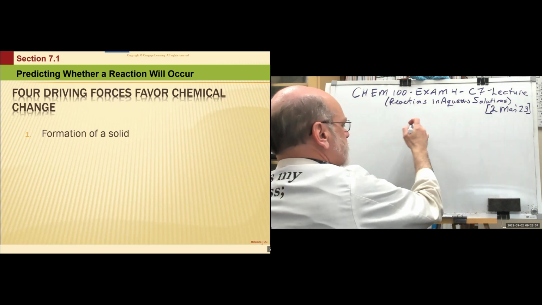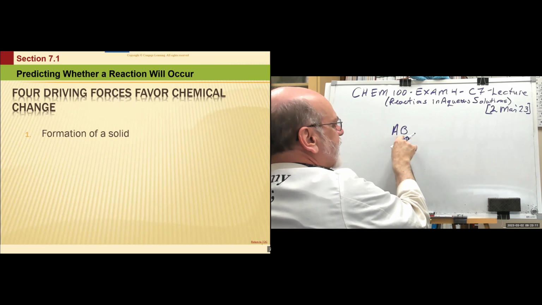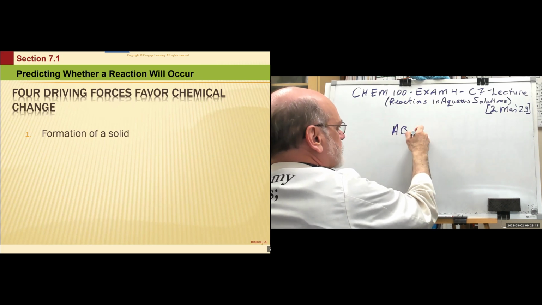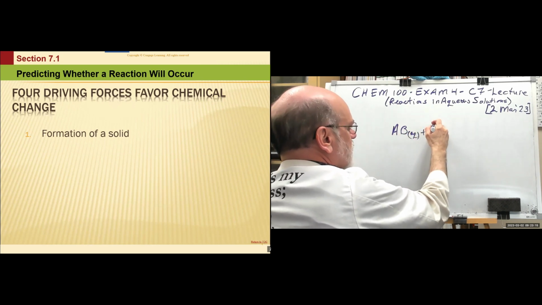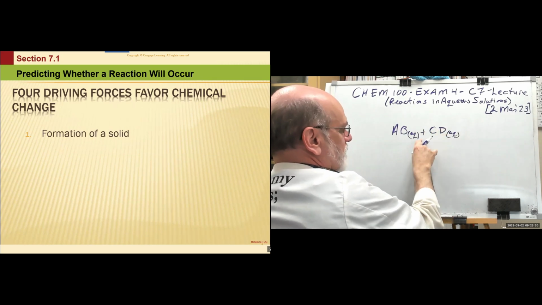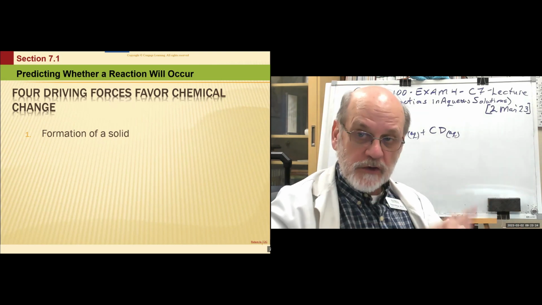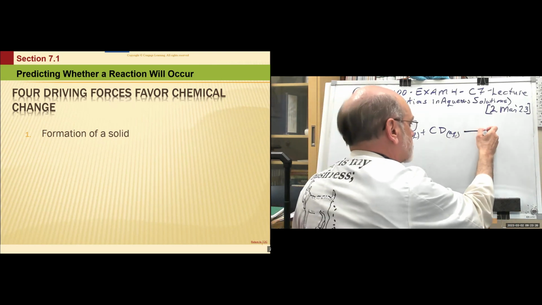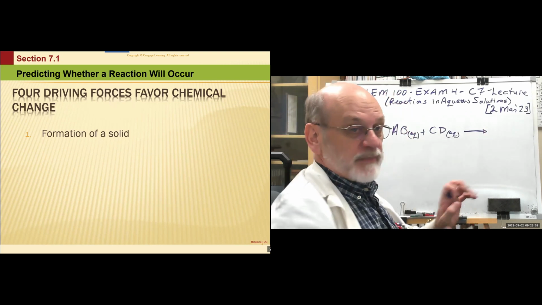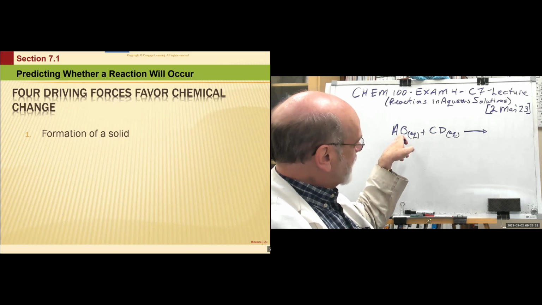if you have, let's say, a cation and an anion in aqueous solution, and then you have another cation and an anion in aqueous solution, right? They're both soluble, and then you put those two solutions together. The possibility is for that cation to associate with this anion.